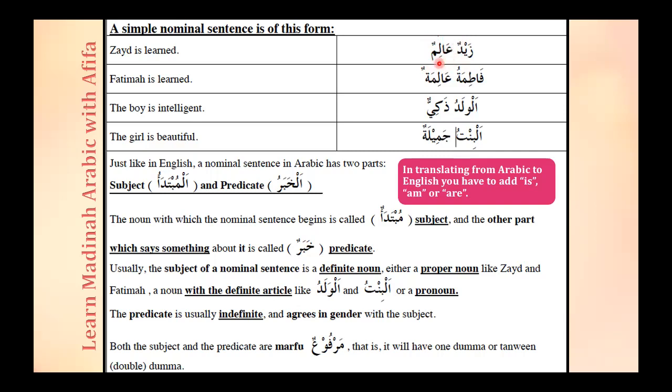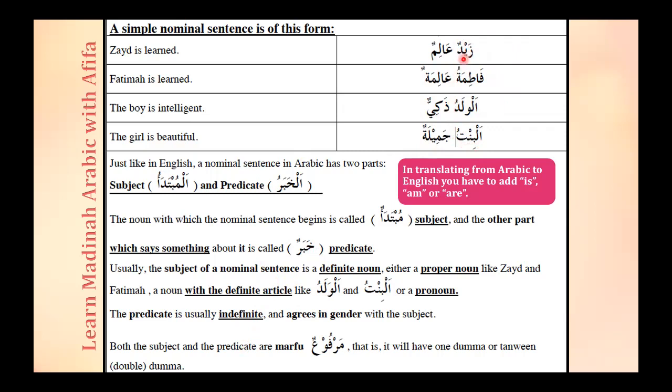So it is indefinite. So the predicate, the khabar, is usually most of the time indefinite. Okay, look at all of them. Alimun, zakiyun, jamilatun, they're indefinite, right? So please remember that the predicate is indefinite, okay, but the mubtada is definite.